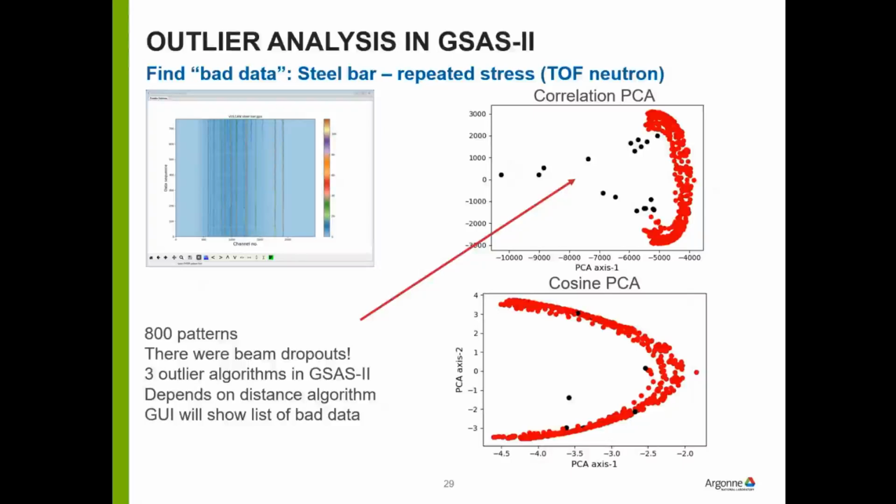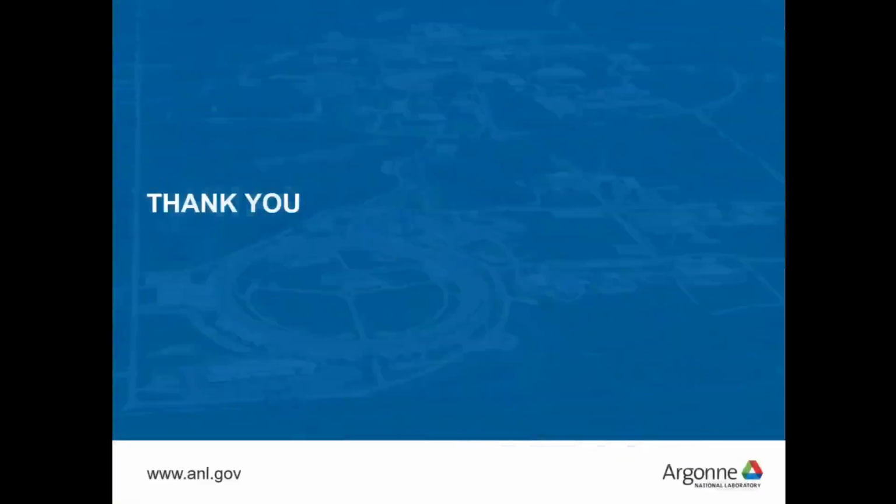There's three different algorithms inside GSAS-II for finding outliers. And the way it works is you have this plot, and you put your cursor right on the point, set a bad point. And there's a table that shows up. Oh yeah, it's that data set. That was bad. Yeah, I stopped.